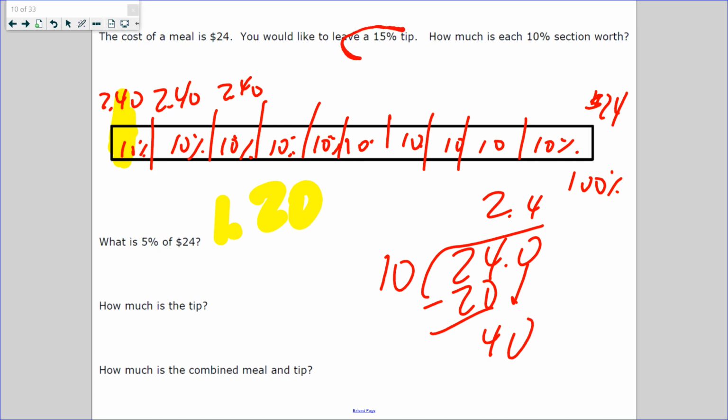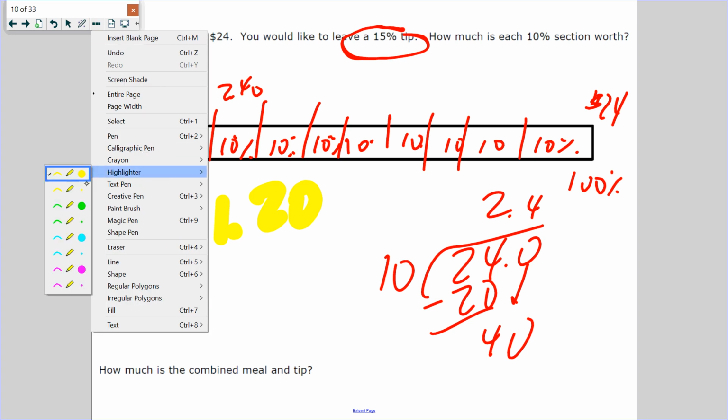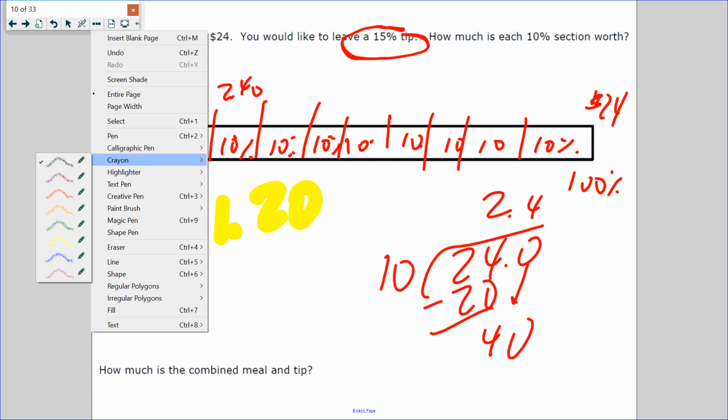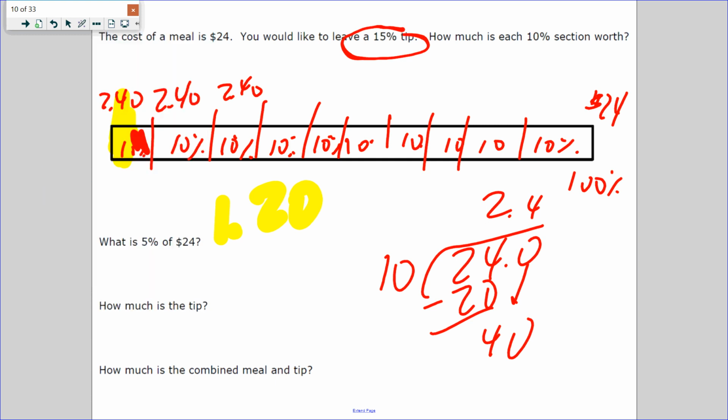You would like to leave a 15% tip. So if I do the mathematics, I'll look at the highlighter right here. Excuse me. Whoops, highlighted way too much. So 15% is right there.